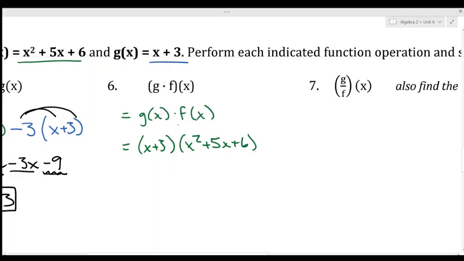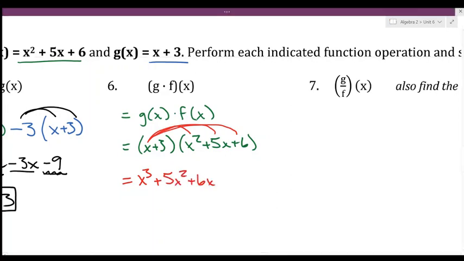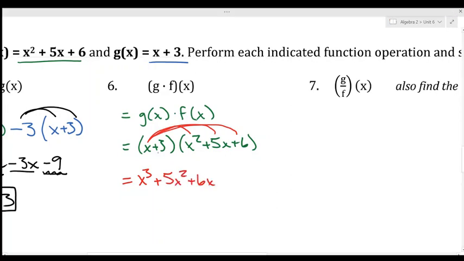We're going to distribute our x to all of our f of x from the g of x. This gives us x to the third plus 5x squared plus 6x. Then we distribute the 3 from our g of x to all of our f of x. And we get plus 3x squared plus 15x plus 18.